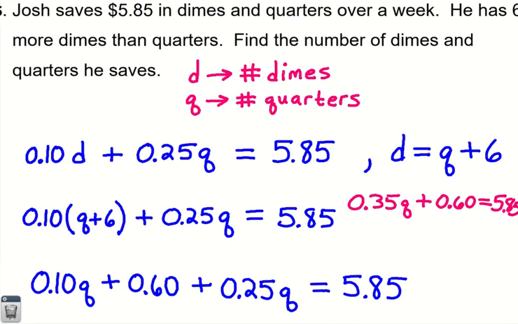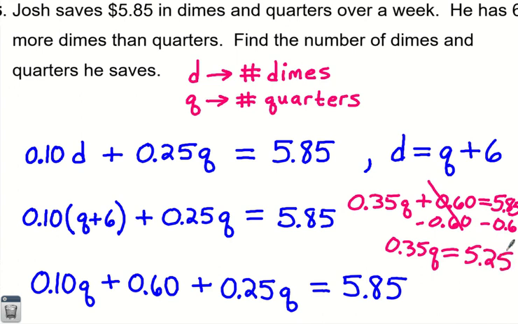And now we're going to look to what? Subtract 0.60 or 0.6 from both sides. And what's that going to be? That's going to be 0.35Q equals, because those cancel, and then that's going to be $5.25, I do believe.